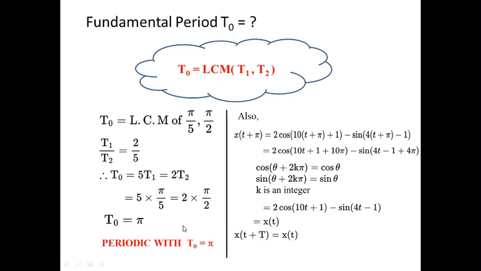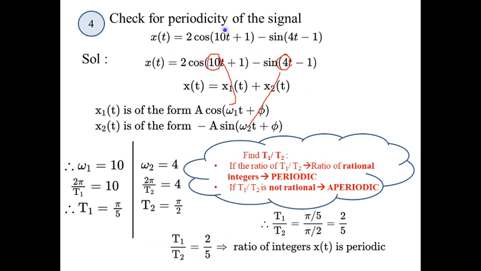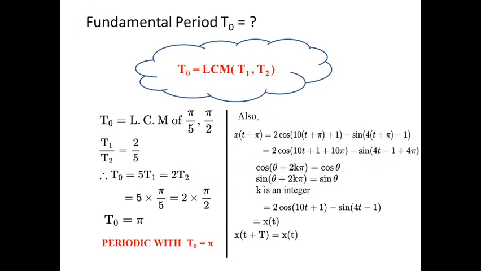You can also extend further by verifying our fundamental condition: x of t plus T naught is equal to x of t. How is that done? In my original equation, wherever I have t, it should be replaced by t plus pi. So that is what we are doing here. x of t plus pi is equal to 2 cos(10(t plus pi) plus 1) minus sin(4(t plus pi) minus 1).